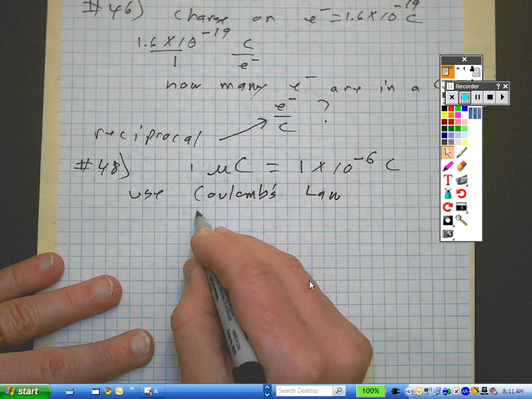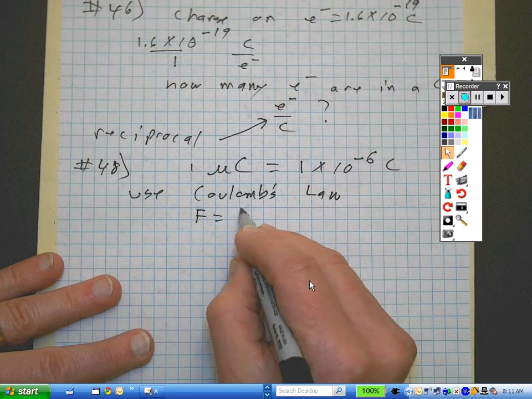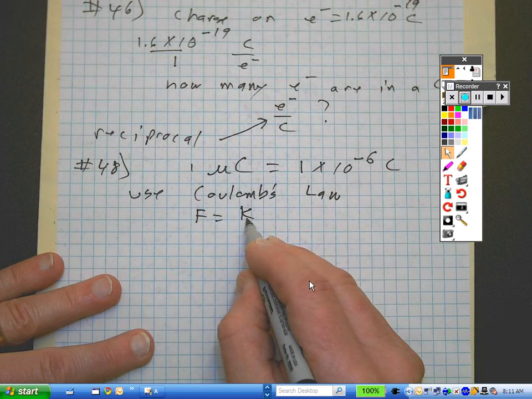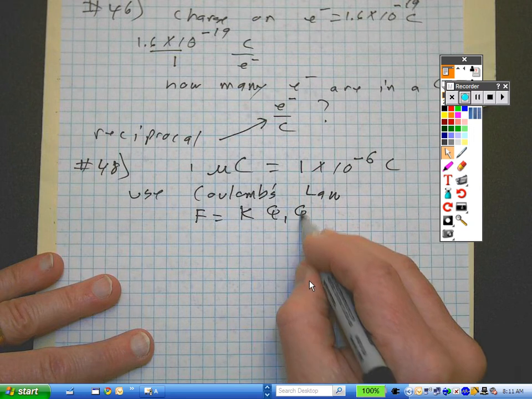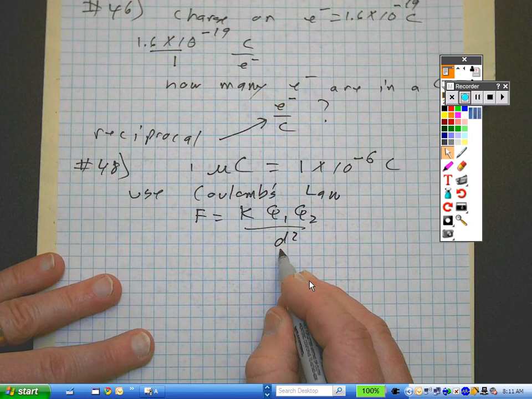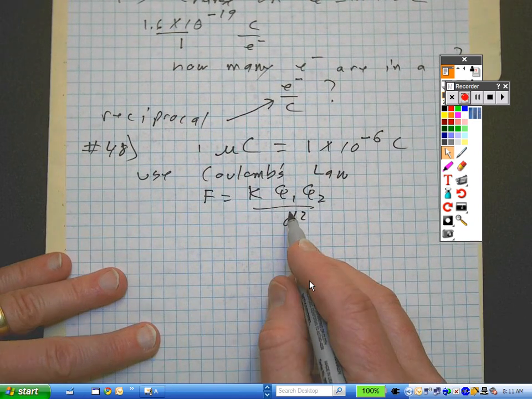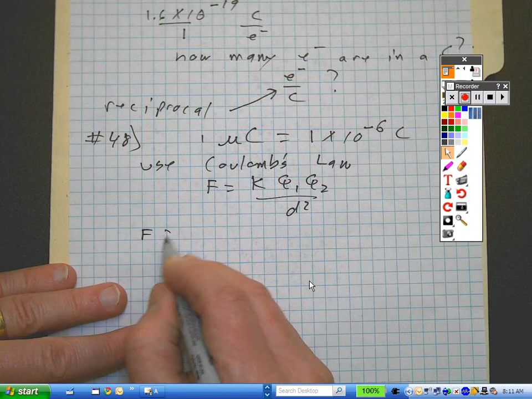Remember, Coulomb's law is the force that attracts or repels charged particles: Coulomb's constant K times charge number 1, Q1, times charge number 2, Q2, divided by d squared, d being the distance between the centers. So for this one, you simply apply the force formula.